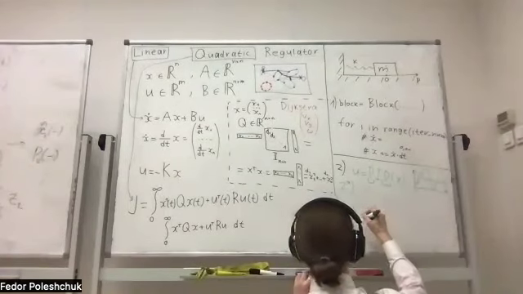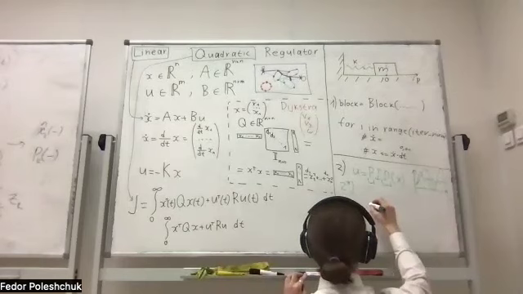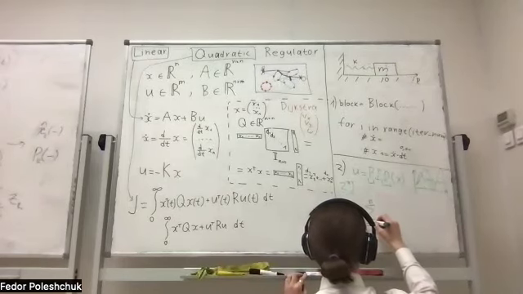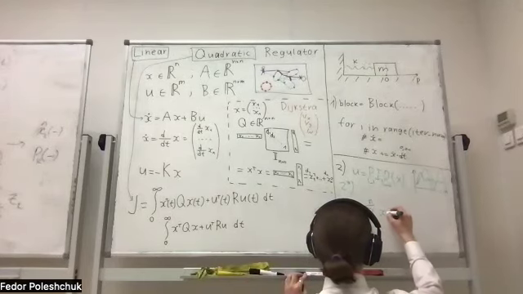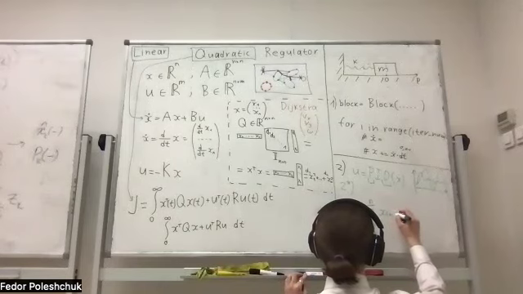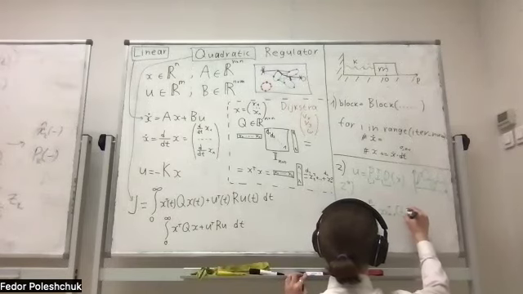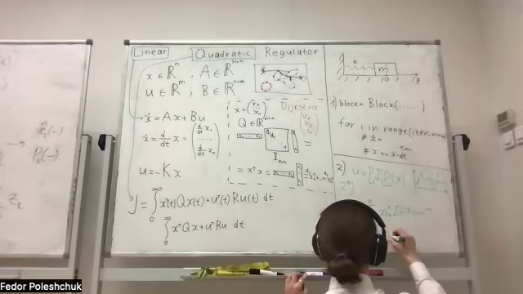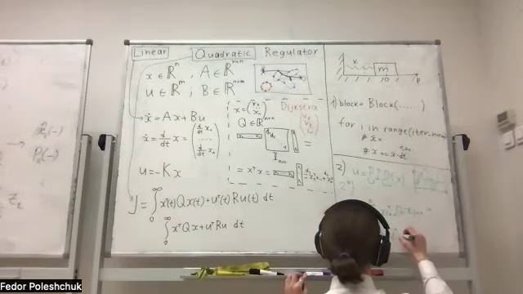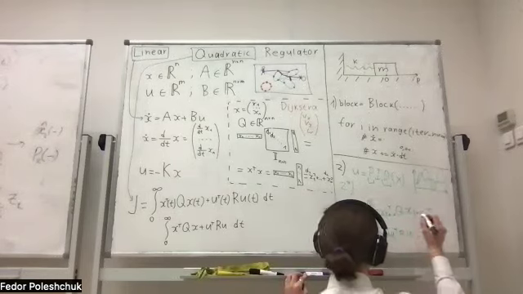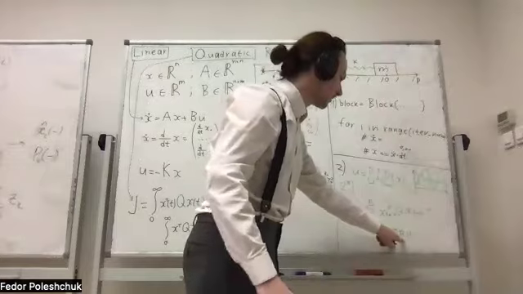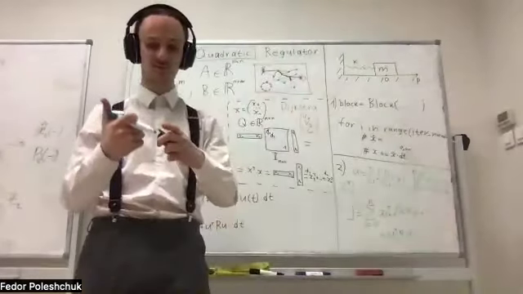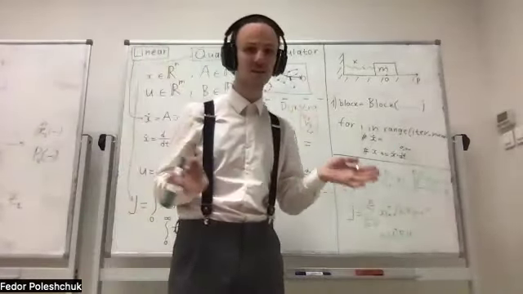The discrete analog of this integral is basically this: the sum from 0 of x sub i plus 1 transpose Q x sub i plus 1, plus u sub i transpose R u sub i. You can choose Q and R matrices for yourself. The simplest way to do that is just to take identities.